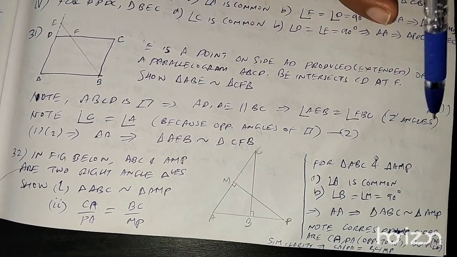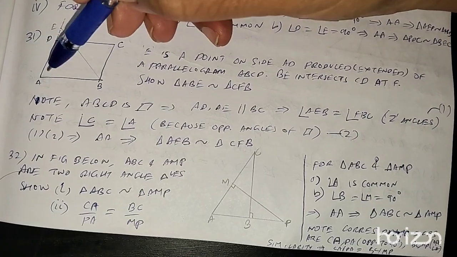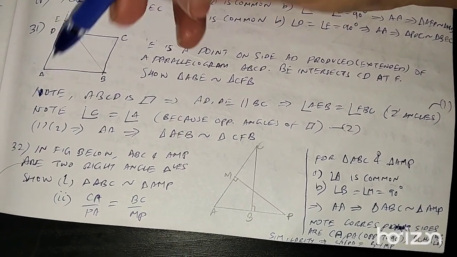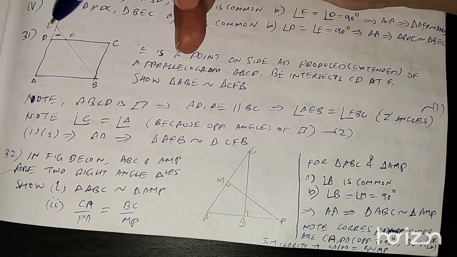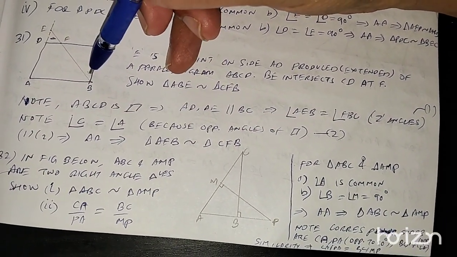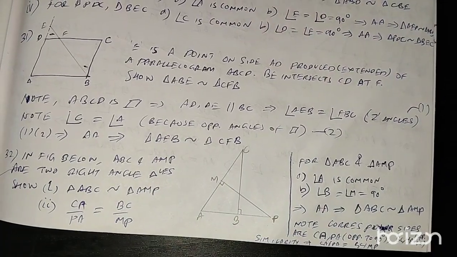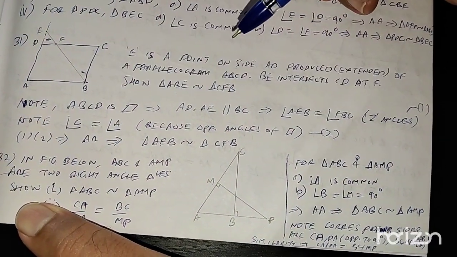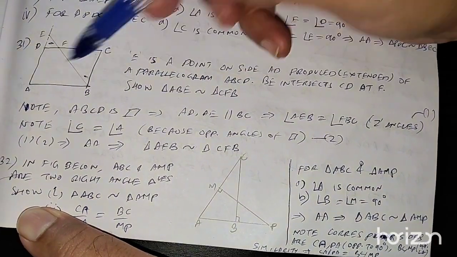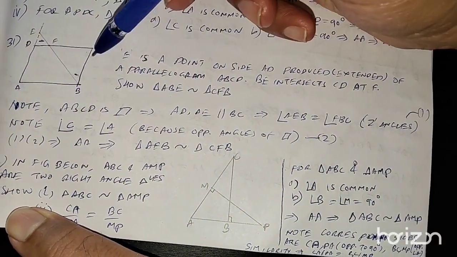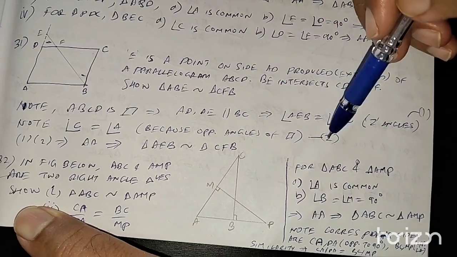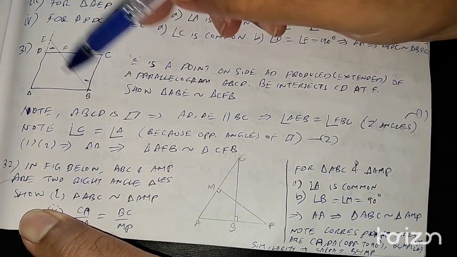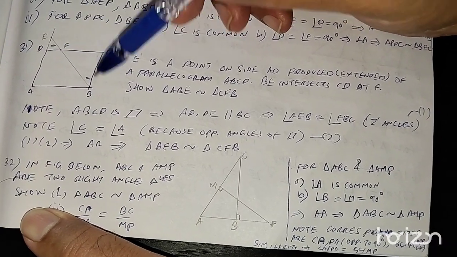Because they are Z angles. Again I am drawing here, please see this angle AEB and FBC, these angles are the same because these two are parallel lines and this is the transversal. And angle C is equal to angle A because this is a parallelogram and opposite angles are equal. So because of AA theorem, now very easily we can say ABE is similar to CFB.